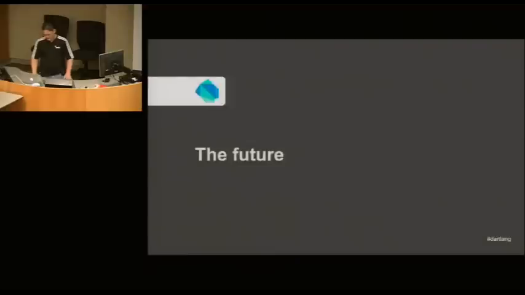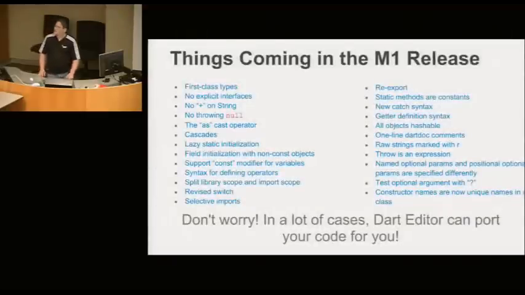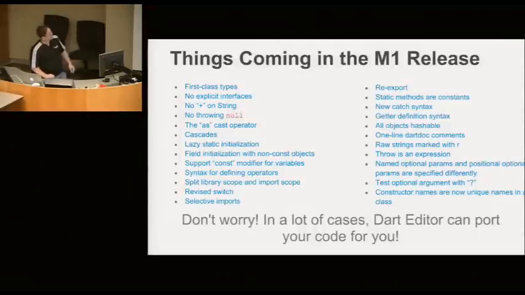And then, okay, future. I want to save time, so I have about 6 minutes. We have tons of stuff coming in the M release. I'm not actually going to read all of those things, but we have all kinds of weird stuff. In jQuery, you chain things together, and then you have this one long chain. We have syntax for that, so you could write ...A and then ...B and then ...C.